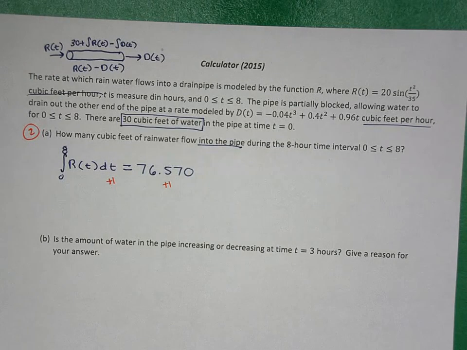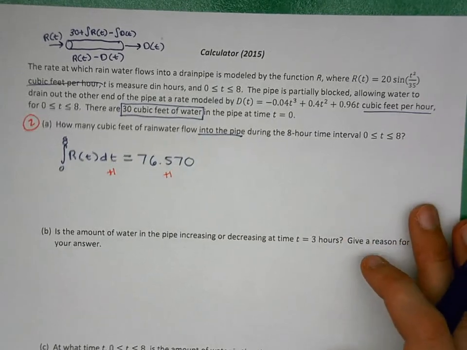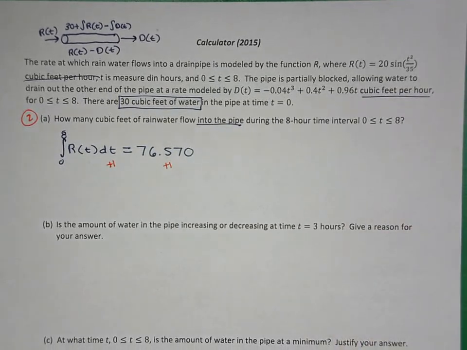B, is the amount of water in the pipe increasing or decreasing at time t equals 3 hours? Give a reason for your answer. This is another thing that very easily could show up on this year's AP test, which is knowing what makes something increase or decrease. We reviewed this several times. For example, on your F, F prime, F double prime graph day, we talked about what does it mean for something to increase? What does it mean for something to decrease?